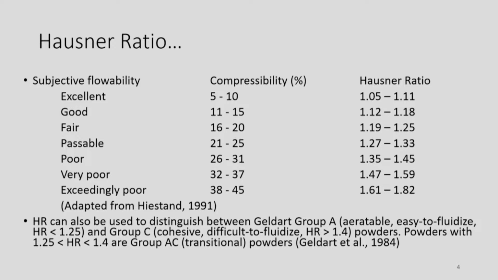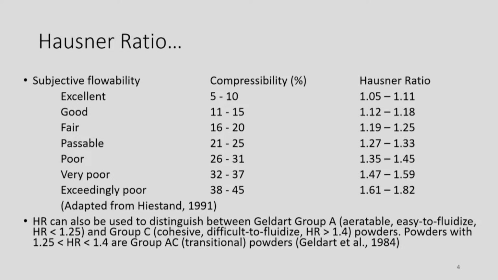Again, we'll talk about Hausner in the flow lecture too, but based on this relationship between tap density and bulk density, he defined a subjective flowability. As I said, if the compressibility is low, or if the bulk density and tap density are very similar, then the Hausner ratio is very low, which indicates the powder will have better flow behavior.